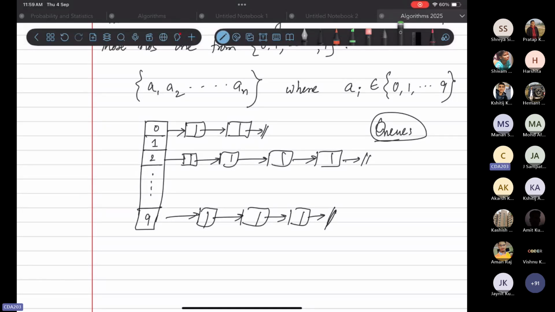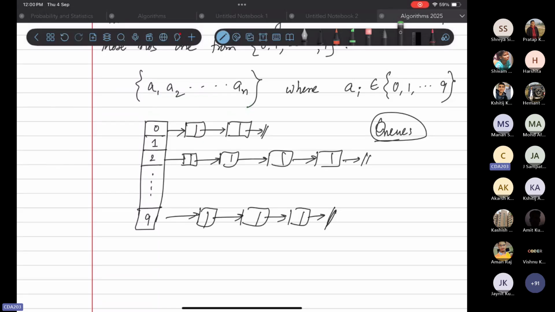Do you think all these linked lists will have equal size? No, right? It really depends. What would be the size of the list for zero? It will be the number of zeros that we have, that is, the frequency of zero in this input.